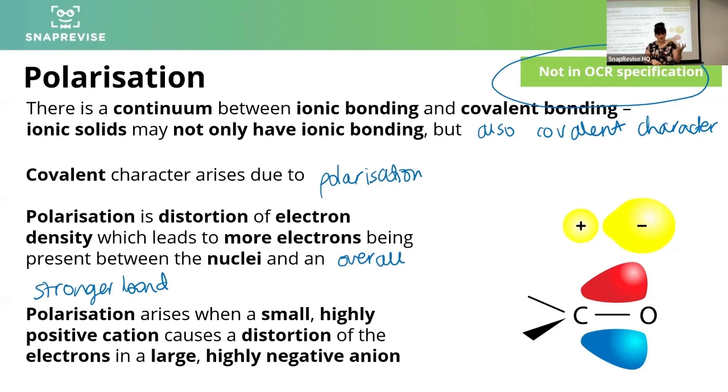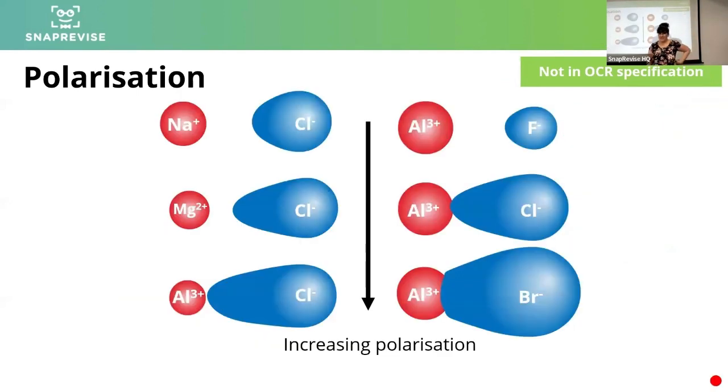Polarization, when does it happen? It comes up when small, highly positive cations cause a distortion of the electrons in a large, diffuse, highly negative anion. So what we're looking for are small, charge-dense, positive cations, which are able to steal electron density from big, diffuse negative anions. For example, I love this diagram because I think it's really useful in helping us to see trends.